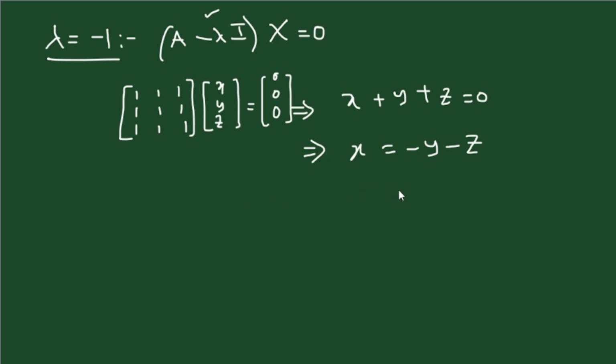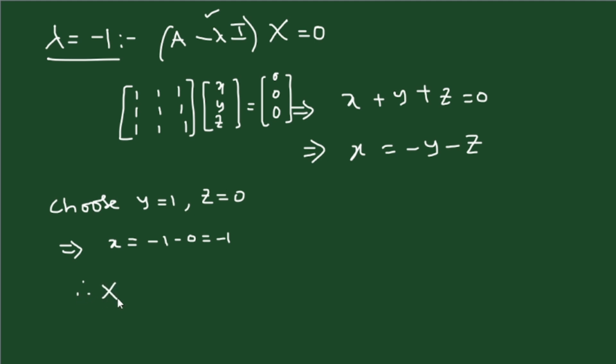Therefore, we choose different values for y and z, and you will get a value for x. Right? So choose y equal to 1 and z equal to 0 here. In that case, you will get x equal to minus 1 minus 0, minus 1. So therefore, x2, the second eigenvector, becomes minus 1, 1, 0.